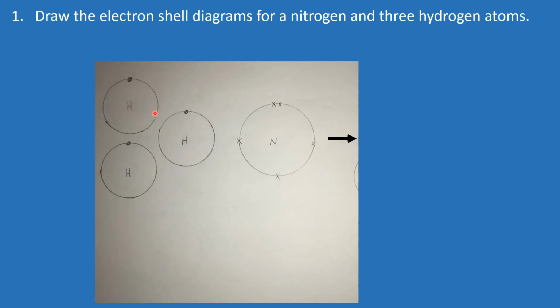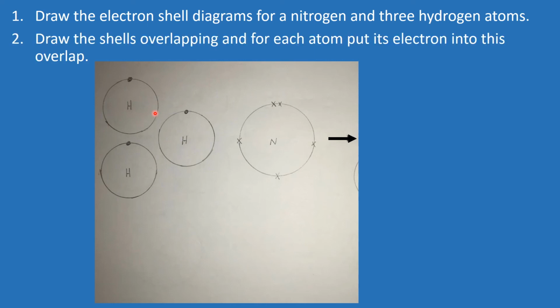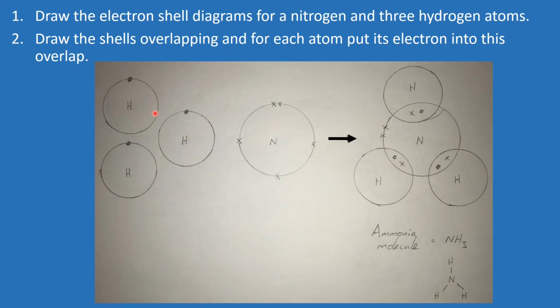So what we get to understand now is we'll begin to see why we get compounds that have particular formulae, because it's about getting that full outer shell with covalent molecules. So draw the shells overlapping for those 3 hydrogens with that nitrogen, and then put the electron in the overlap. Which means that you should have something looking like this.